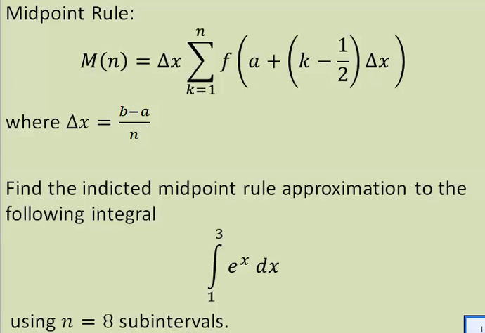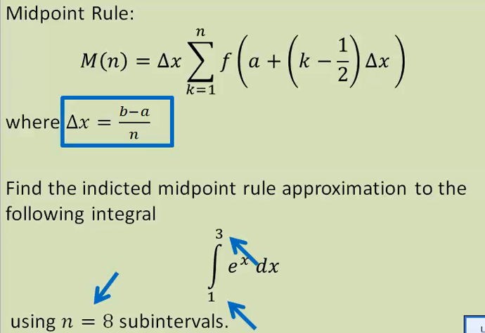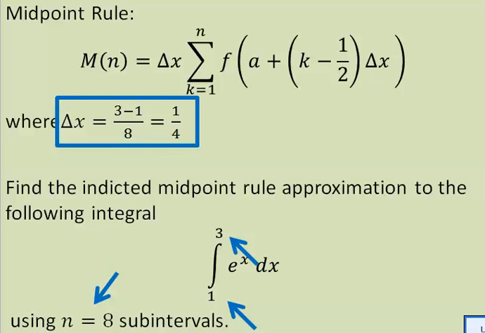Let's first figure out what change of x will be. How wide will each rectangle be? I'm going from 1 to 3, and I'm using 8 subintervals. So 3 minus 1 divided by 8, and I get 1/4.